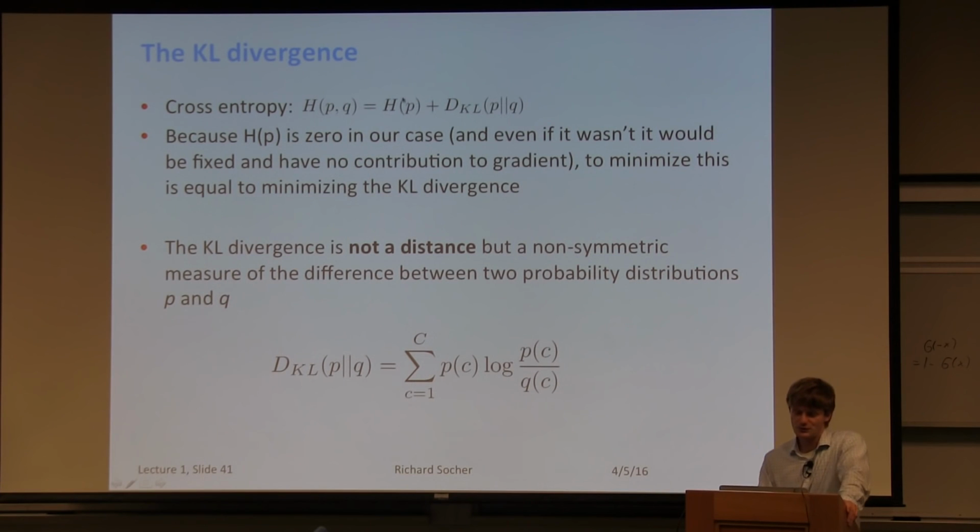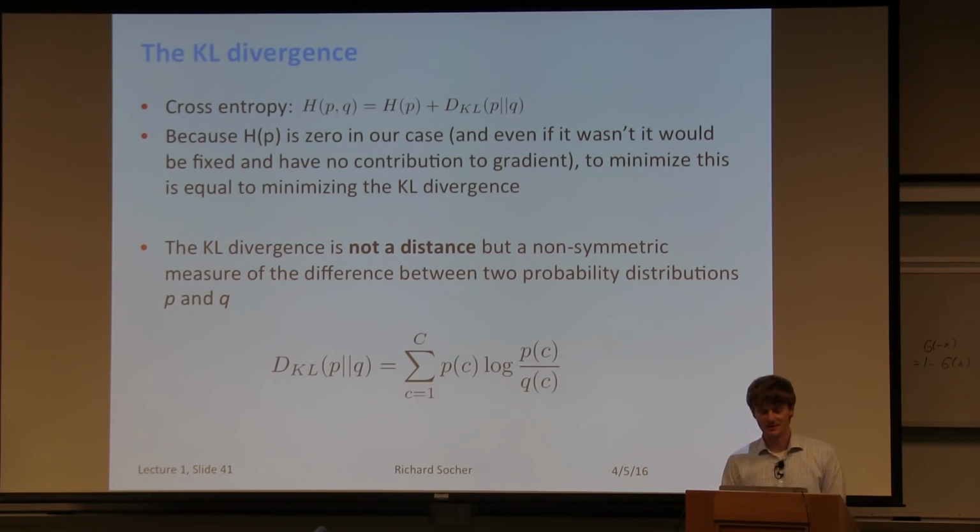So H of P goes away. Also, P is the ground truth, so there's nothing to optimize there. So really, this is the main takeaway message: if we minimize the cross entropy between our target distribution and the distribution that our model gives, we are essentially minimizing the KL divergence between these two distributions.